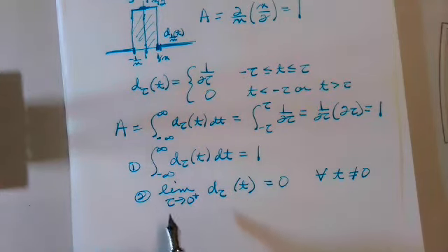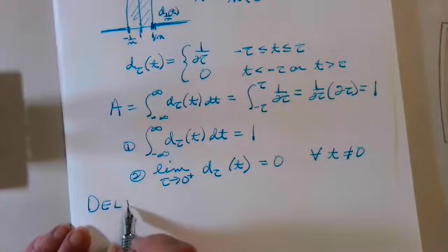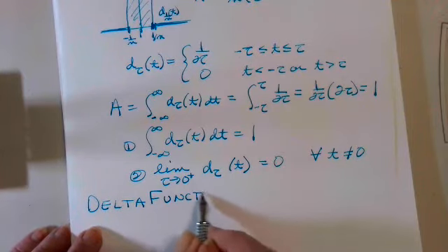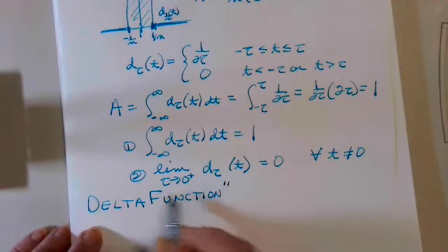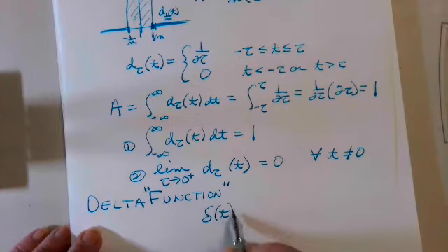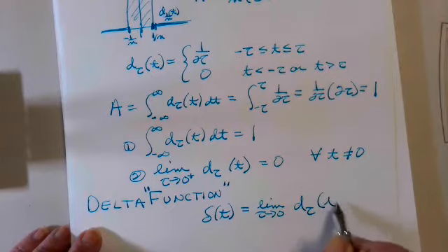Now we define the delta function. And I put function in quotes because it really isn't a function at all. The delta function, delta of t, is the limit as tau goes to 0 from above of d tau of t.